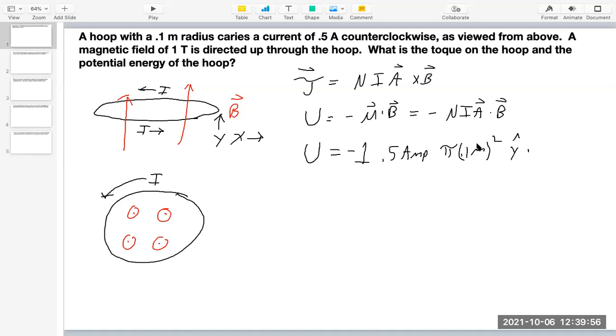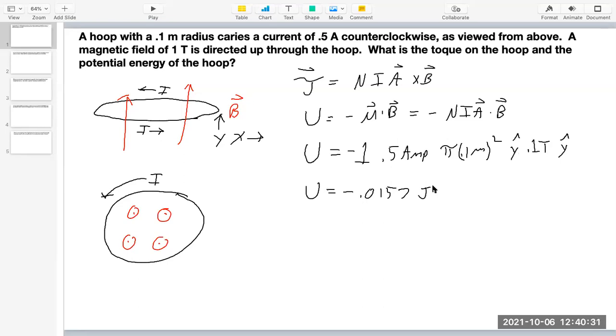And the magnetic field would also be up. So y hat dot y hat is just 1, and this works out to be minus 0.0157 joules. So it's aligned, that's the lower energy alignment.